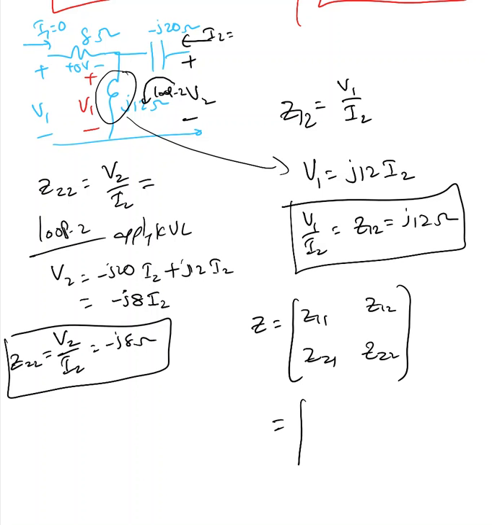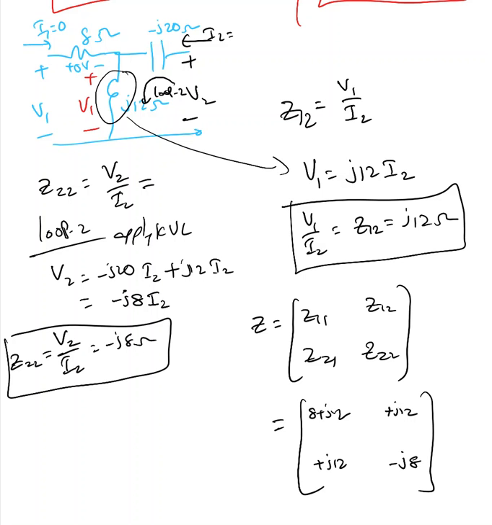So my Z11, the input impedance, is 8 plus J12, Z12 is J12, Z21 is J12, and Z22 is minus J8.